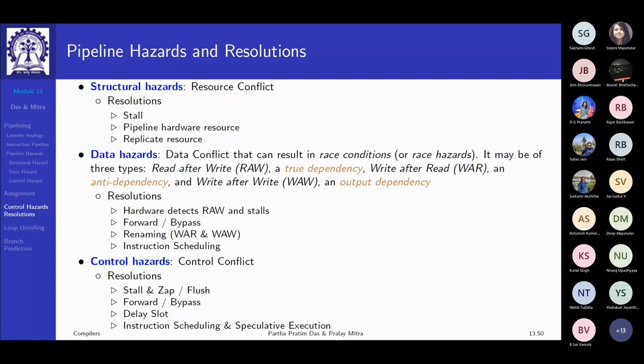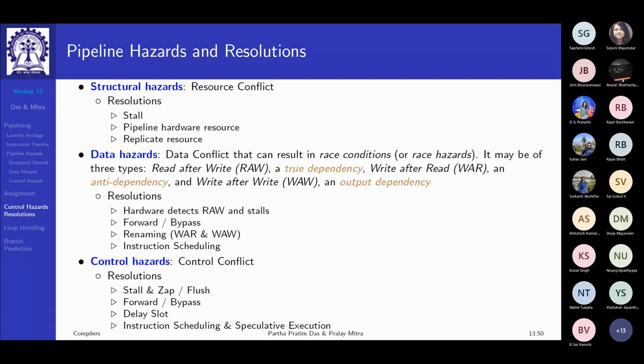We noticed that both WAR and WAW can actually be resolved by renaming, having more registers and writing to different output registers. So they are of less evil in that way. But RAW will have to be resolved.